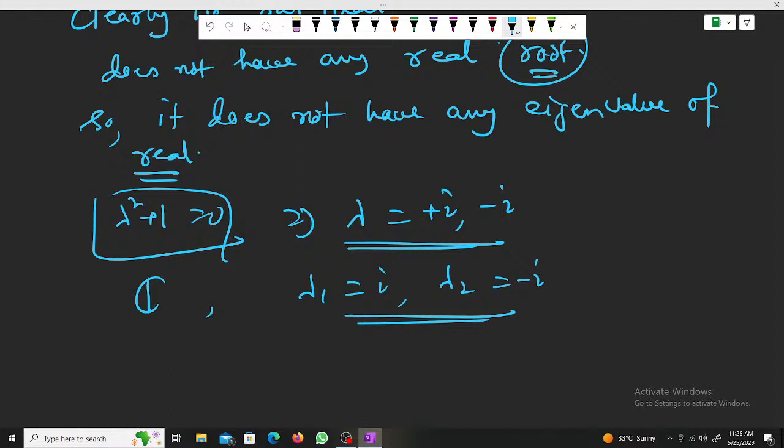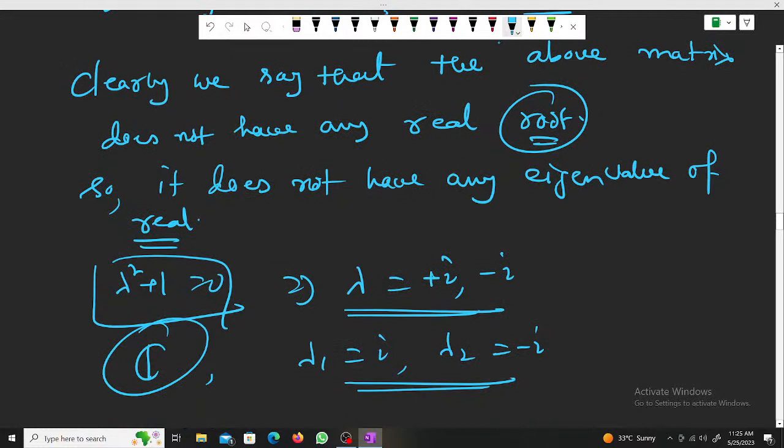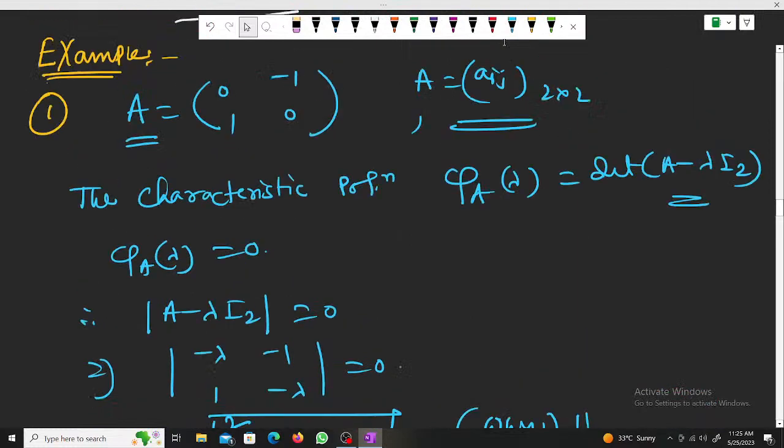Now the matrix টা যখন আমি এন্ট্রিজ গুলো ওভার দ্য ফিল্ড সি এর আন্ডারে আমি ডিসকাস করব, তখন কিন্তু আমি আইগেন ভ্যালু গুলো পাবো। But in this case, when we consider the field set up all real number, there does not exist any eigenvalue of this matrix.